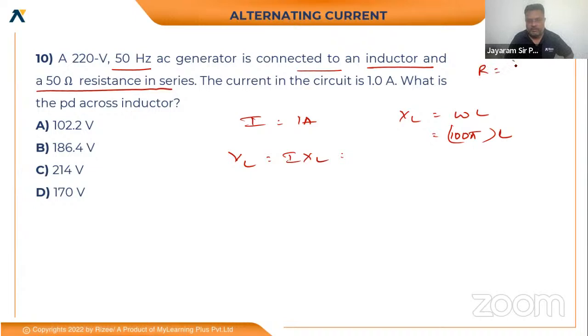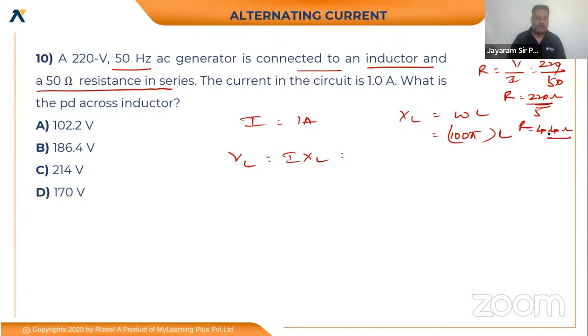R is equal to V by I, that is 220 by 1. So resistance R is equal to 220 ohms. Okay, the inductor and the resistor are connected, sorry, this is 50 ohms. So if I remove this, 22 by 5, which is nothing but 4.4 ohms, this R value.